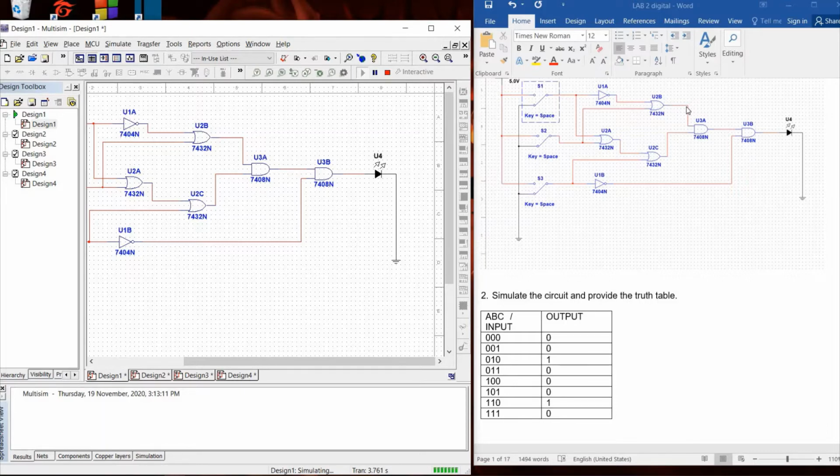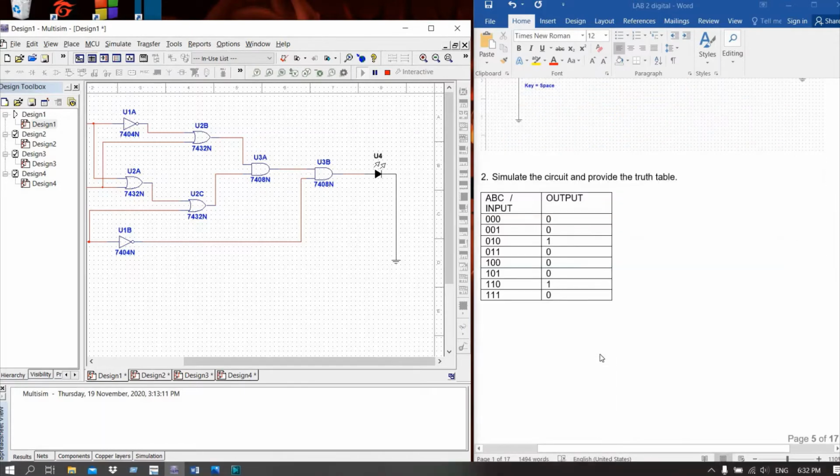The OR gate gives the sum of two inputs, which means 0 1 should be 1, because it's A plus B. Then you connect to the AND gate. The AND gate gives the product of two inputs, A times B. So you can take my input here, and you can count by following my logic gates.